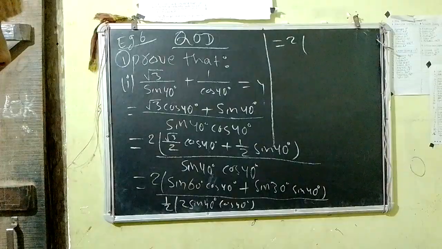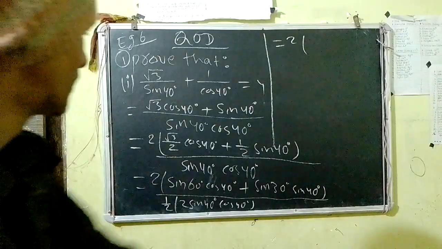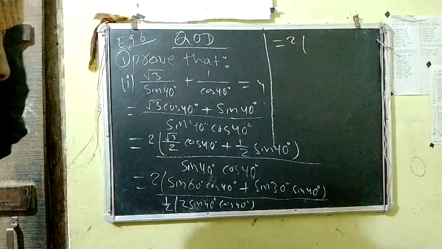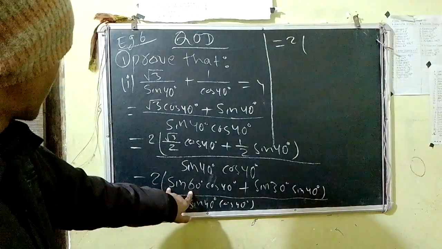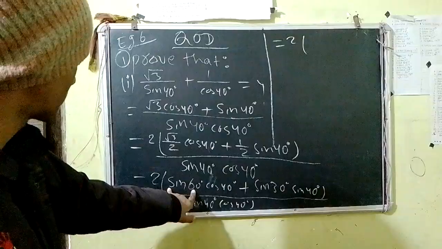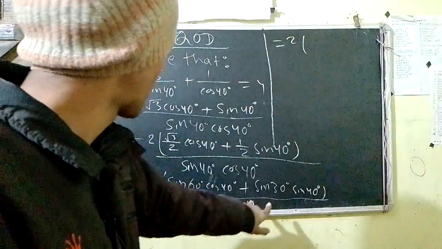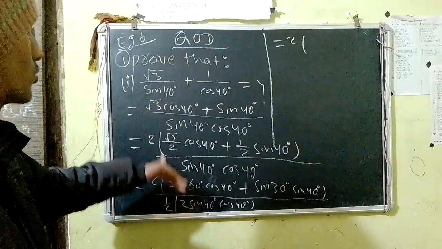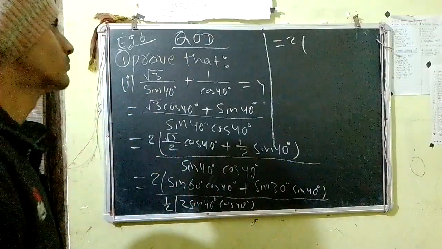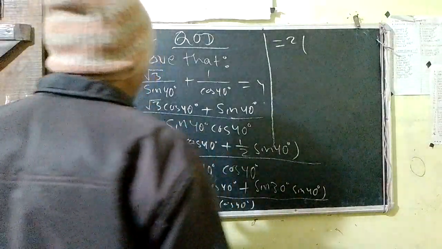It would still be valid. Oh, I'm sorry, sine. If you want to replace with cosine, then it should be cosine 30 and this should be sine 30. So you could have done it with cosine as well. They both give the same answer.